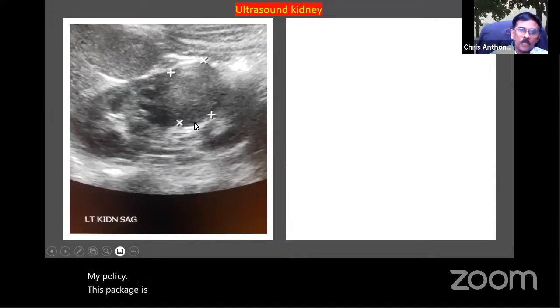Is it smooth, well encapsulated? In this case, here it is very smooth, but here you can't see the margin. Maybe that means it has broken into the capsule. So that is a sign of malignancy. It may not be true, but that is one of the features. When you describe an ultrasound of a lump, you must always look at size, shape, the margin, irregular margin, and the surrounding tissue, whether it is well encapsulated. When encapsulated, it is benign.